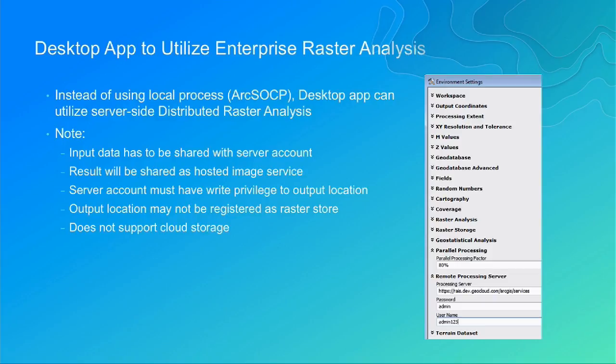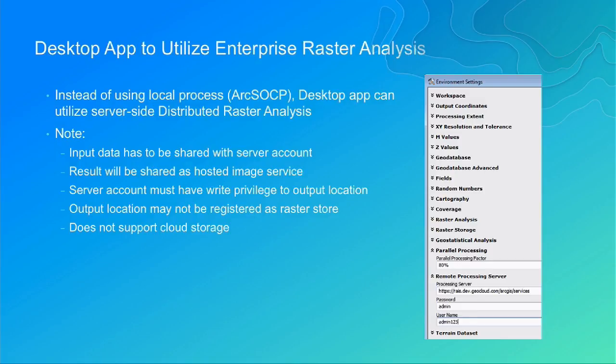And last, but I'd like to mention, if you're not deploying Enterprise GIS, there's also another option: you can directly utilize the ArcGIS Server's raster analysis distributed capability in ArcMap.